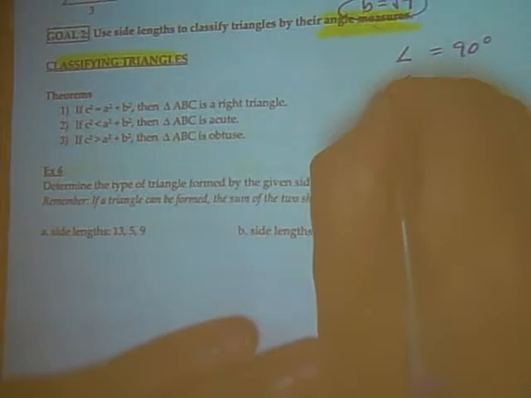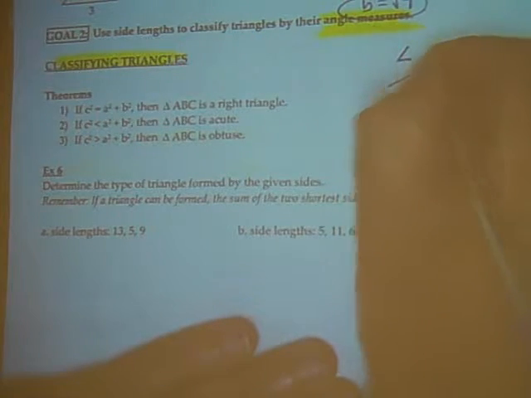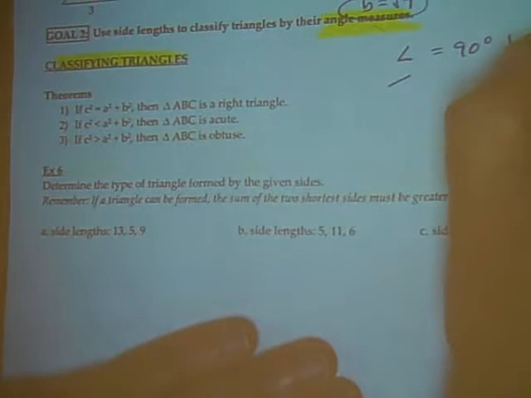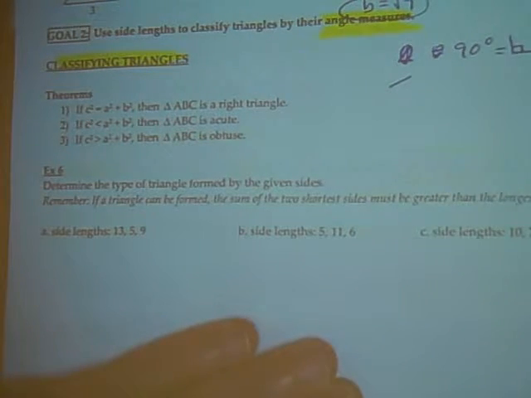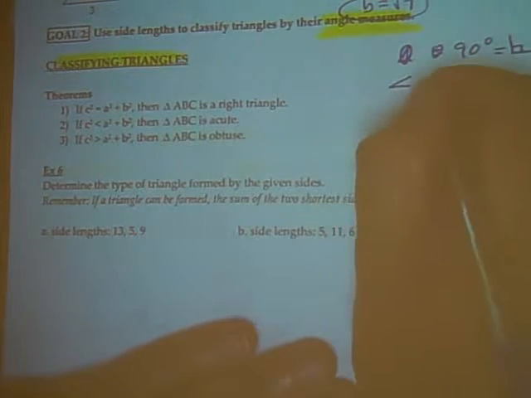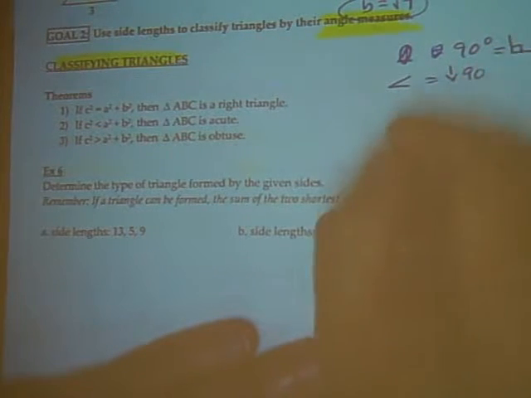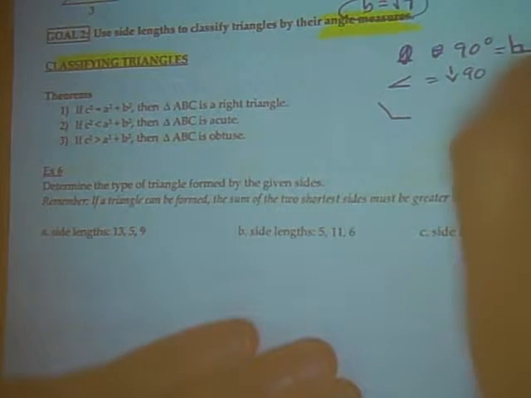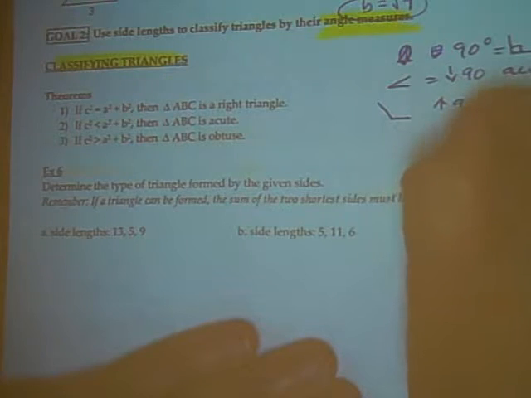Okay, and an acute triangle. Let me make a better right triangle here. Apologize for that. So we're going to move that over here. An acute triangle is less than 90 degrees. And an obtuse triangle is greater than 90 degrees.